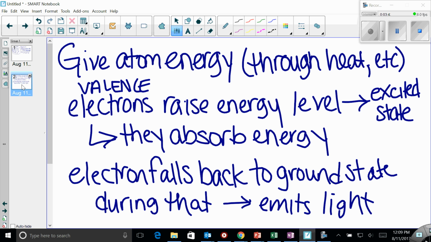You're going to crash. So, same thing happens to the electrons. They're going to absorb energy, they're going to raise energy levels, but then they'll go in excited state, but then they fall back to ground state where they want to be. When they fall back to ground state, they emit light.